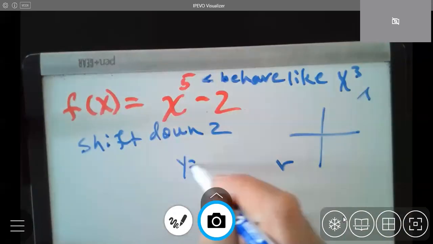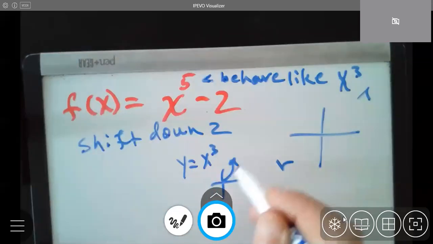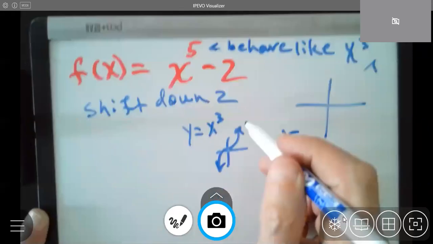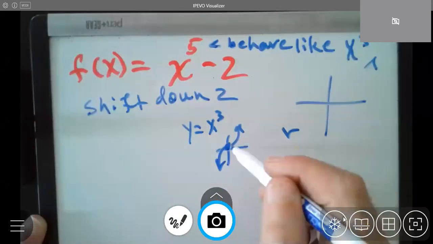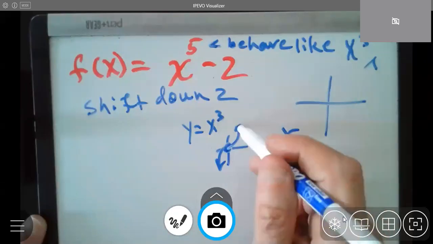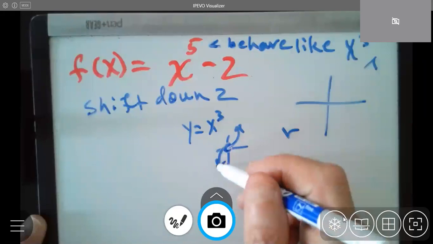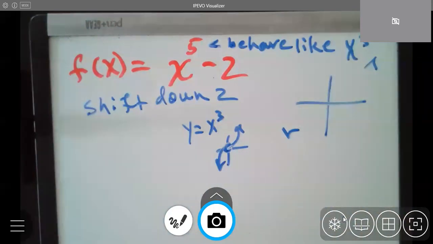Well, here's x cubed, right? This is what x cubed looks like. So all we're going to do is take this middle here, we call it the point of inflection. It's where it opens up and then opens down. This whole graph is going to go down 2 spaces.